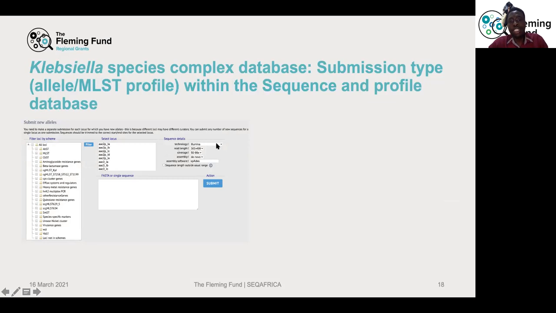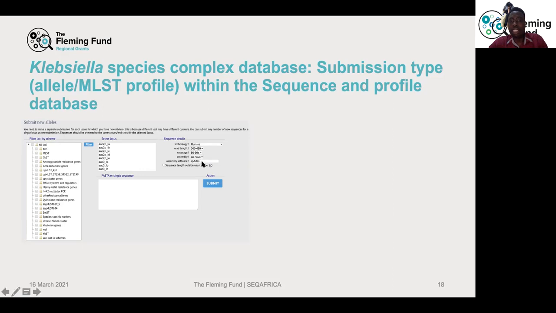Then you choose the sequencing technology, whether it's Illumina or 454 or whatever sequencer you used. You choose the read length, choose the coverage, then choose the assembly, whether it's de novo or whether you used a reference-based assembly.